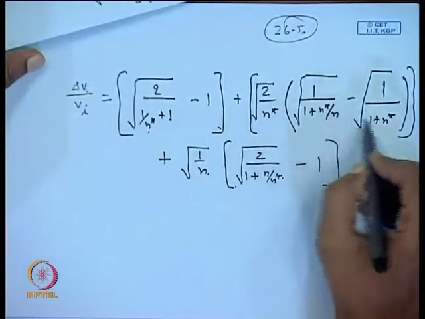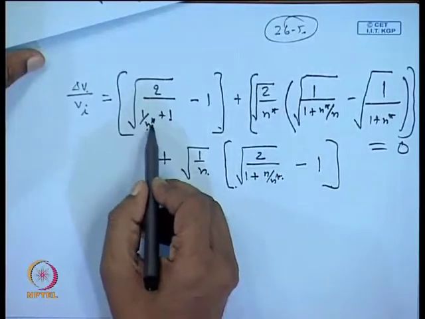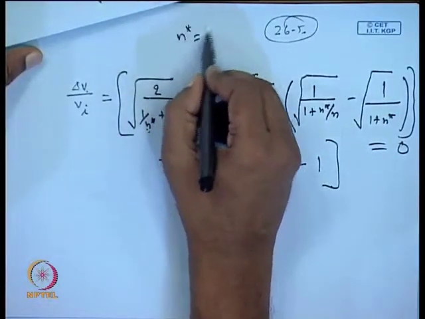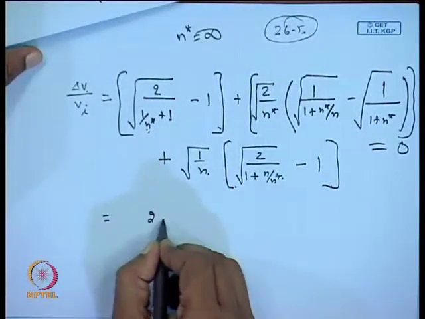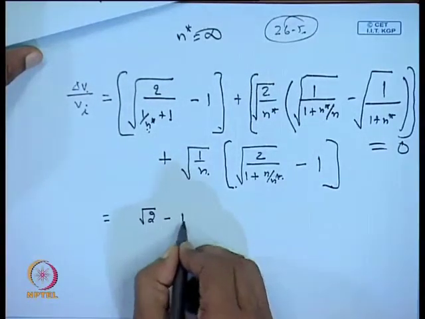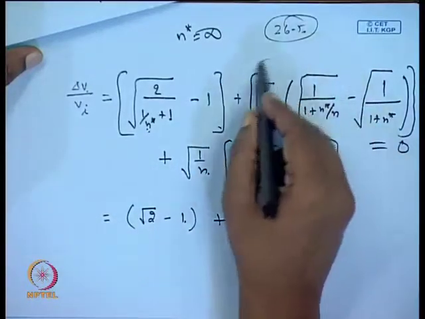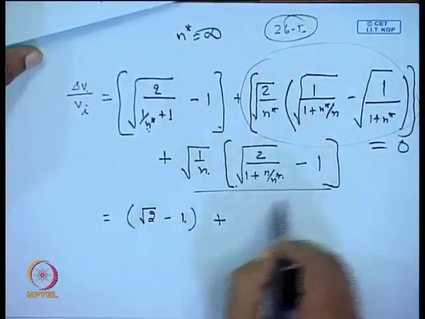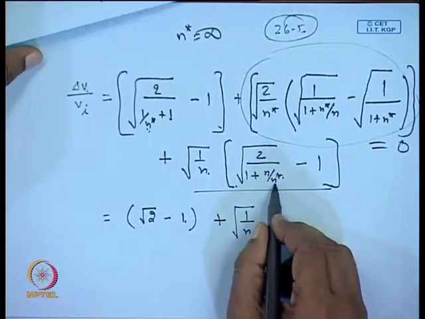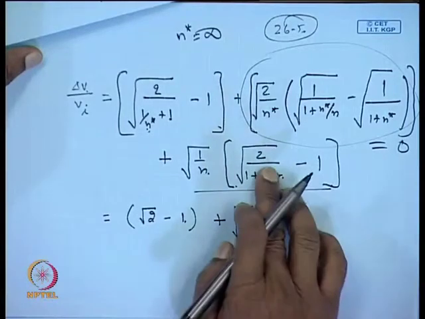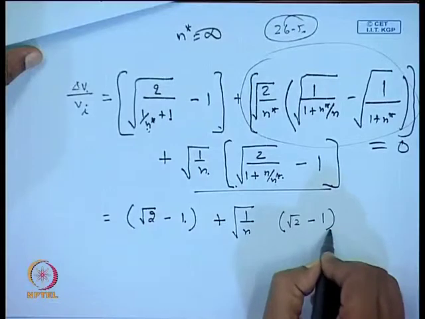As we put this, this term becomes equal to 0. Here 1 by n star will become equal to 0. So, the first term becomes 2 under root minus 1. This whole term will turn out to be 0, and here we have 1 by n under root, and here n star equal to infinity goes to 0, and what you get here is under root 2 minus 1.